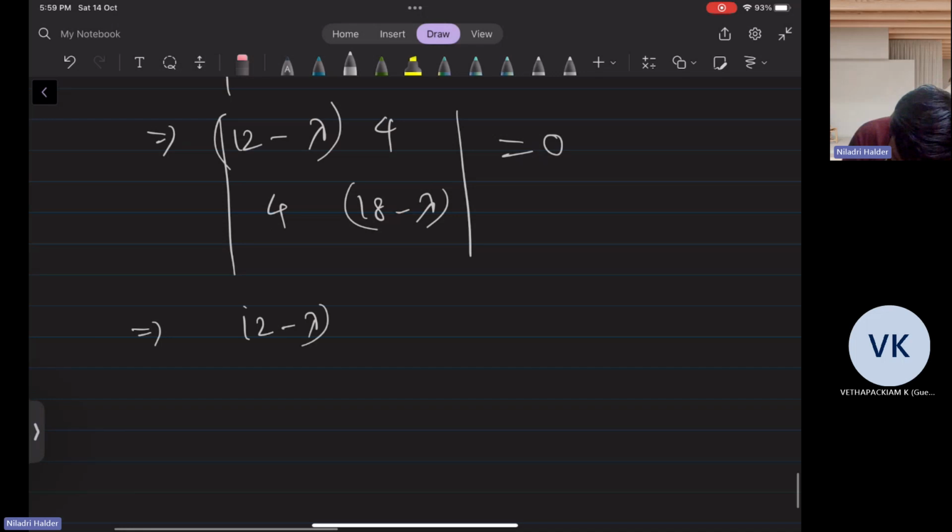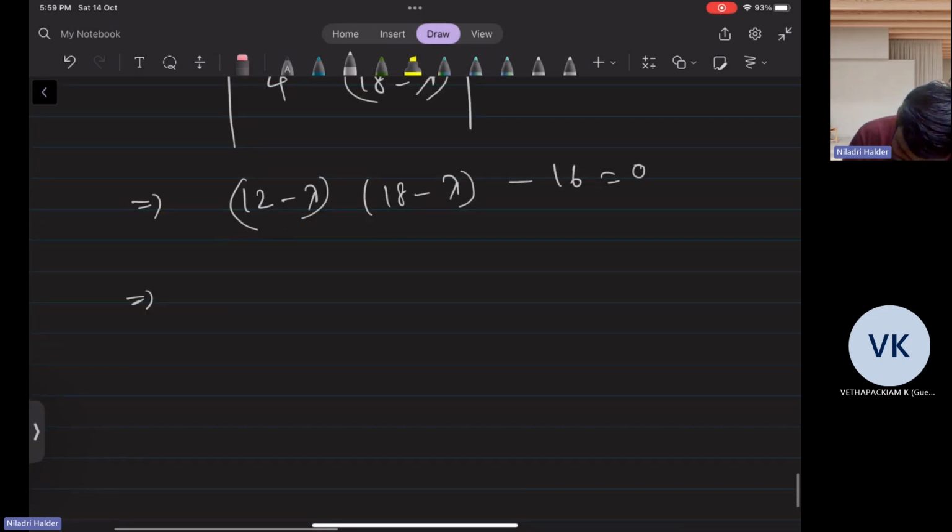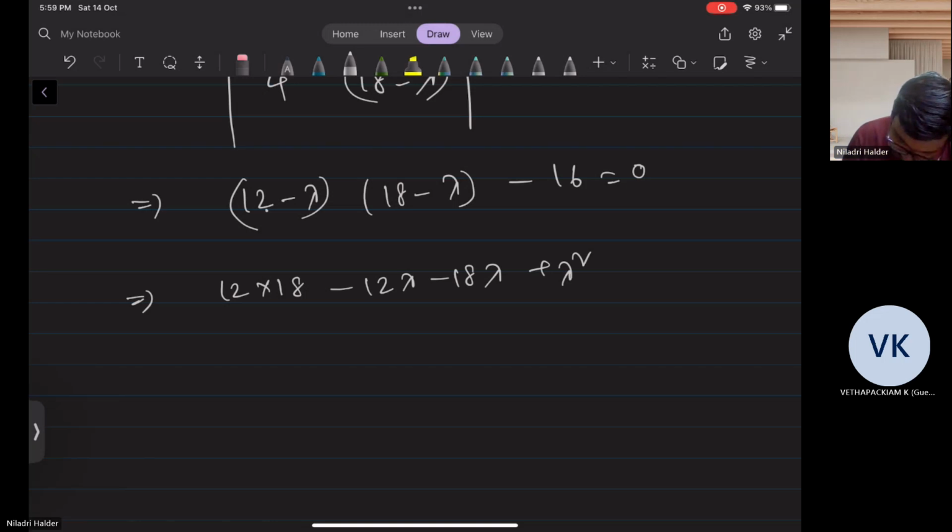That means (12 minus lambda)(18 minus lambda) minus 16 is equal to 0. That is 12 into 18 minus 12 lambda minus 18 lambda plus lambda square minus 16 is equal to 0.